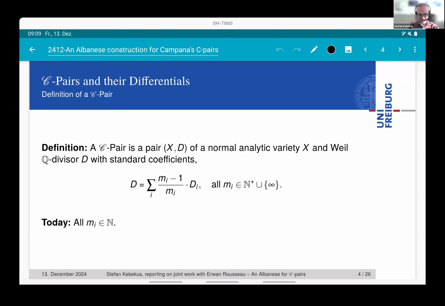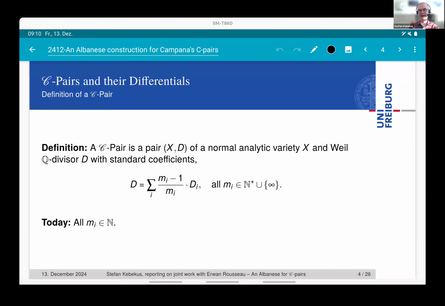In the full-blown theory, these coefficients are natural numbers or maybe infinity, where infinity gives you the logarithmic case. But for simplicity today, let's say we don't want infinity. We look at the case only where the m_i are integers, and we have no logarithmic parts in our boundary. Everything I'm going to present today will be valid in the logarithmic setting, but it turns out that we are working in the analytic category here.